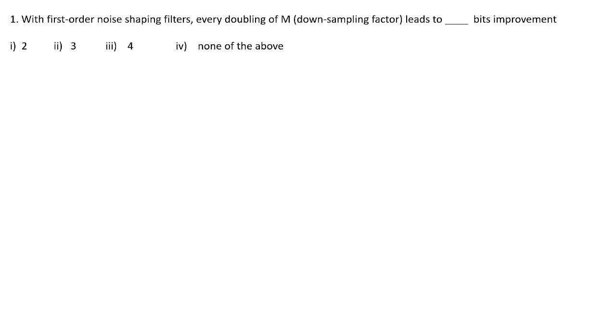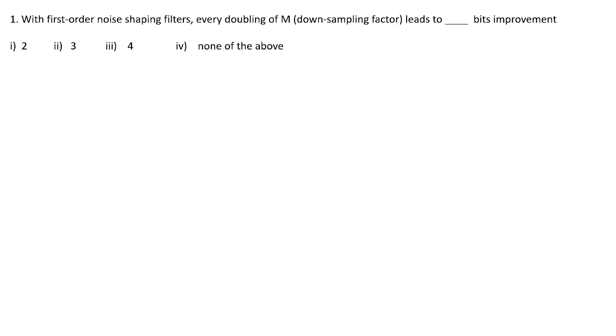The first problem is kind of a fill in the blanks, which says that with a first order noise shaping filter, every doubling of M, which is the downsampling factor, you can view it in the context of the upsampling factor also, leads to how many bits of improvement.